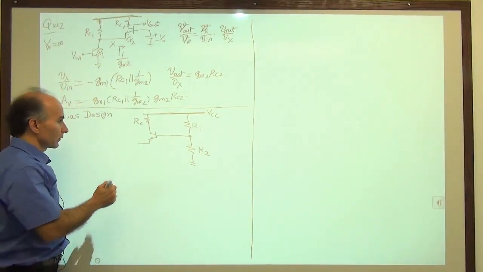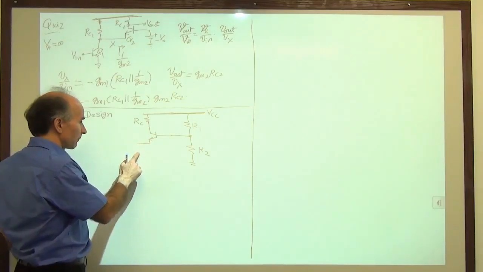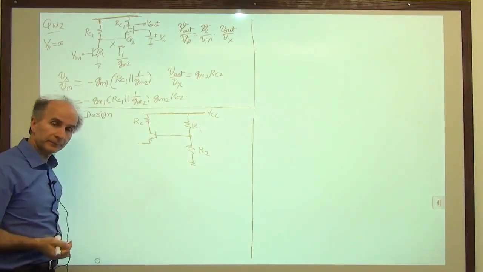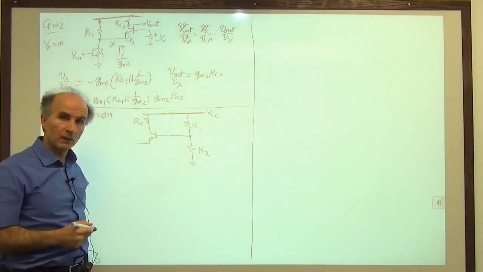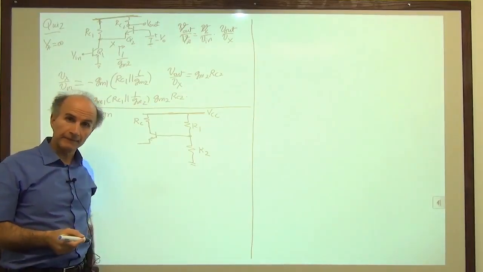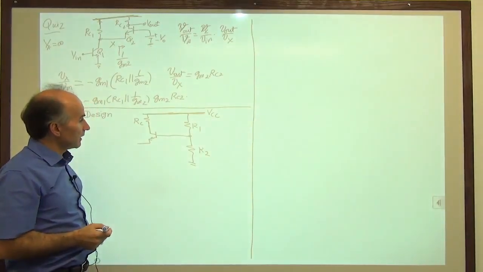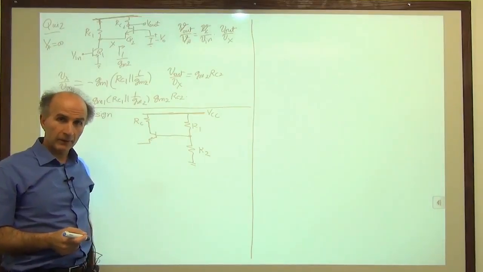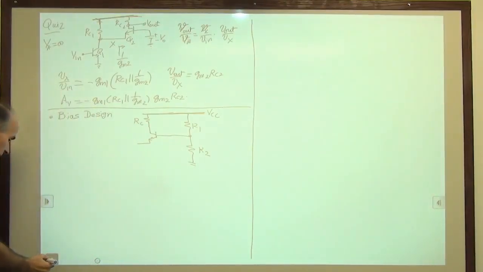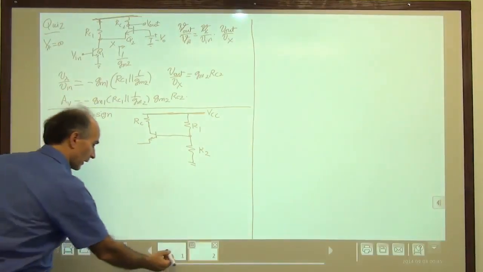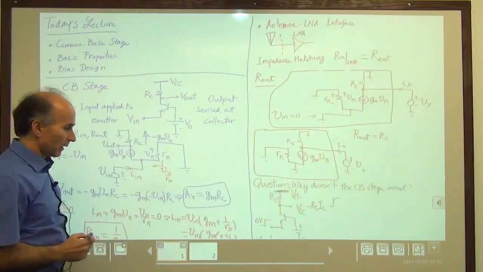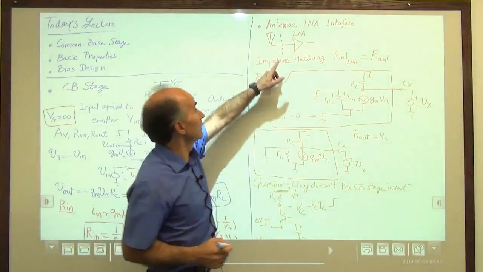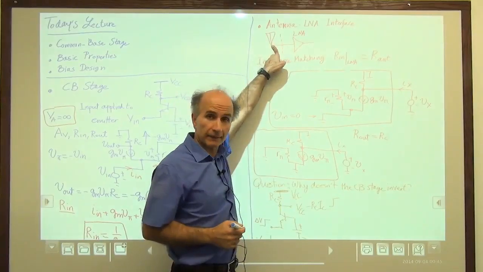All right, so the question is, do we need any biasing device at the emitter? Well, maybe, maybe not. Let's consider one example, which I showed you just a moment ago. I said that a common base stage might be useful in interfacing with an antenna.